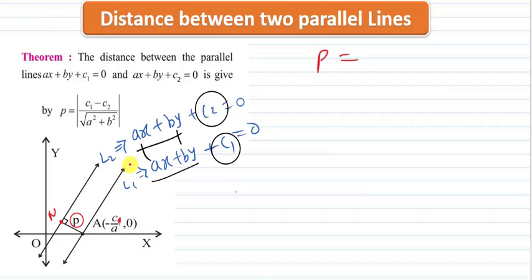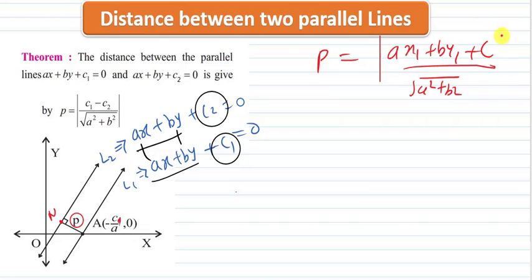How to find the distance? I will use the previous formula, that is the distance of the point from the line. What was that? ax1 plus by1 plus c upon root of a square plus b square. Here x1 and y1 is the point from where you want to find the distance of the line. Here my x1 will be minus c1 by a and y1 will be 0, and this equation I have to use.